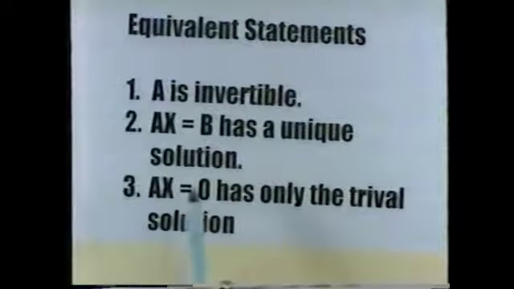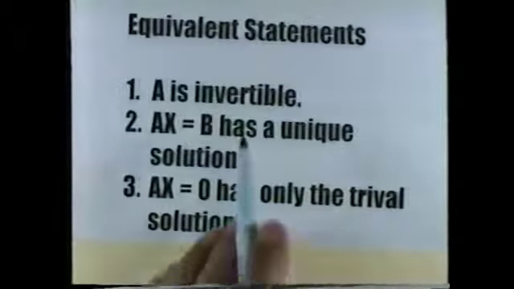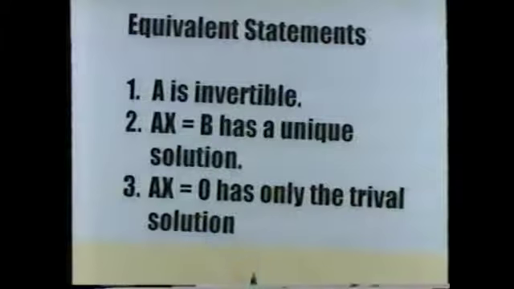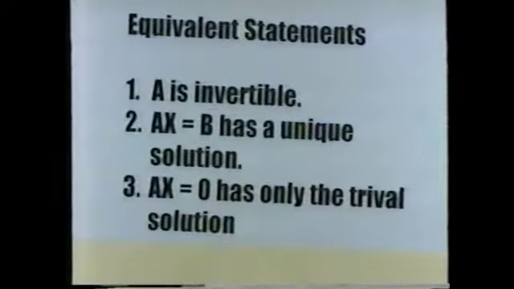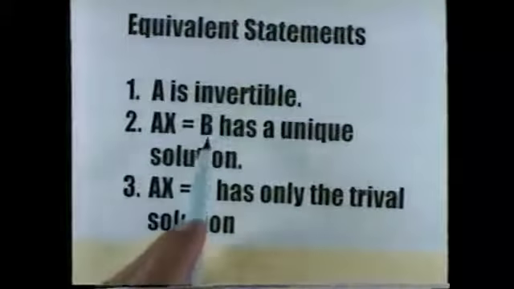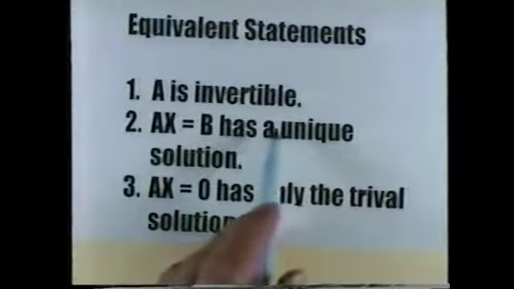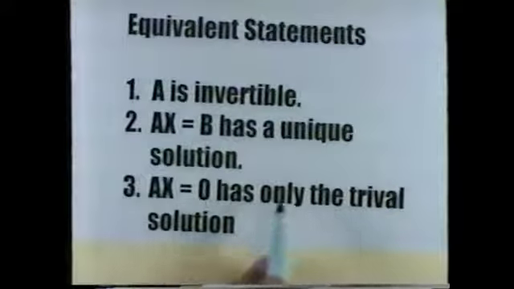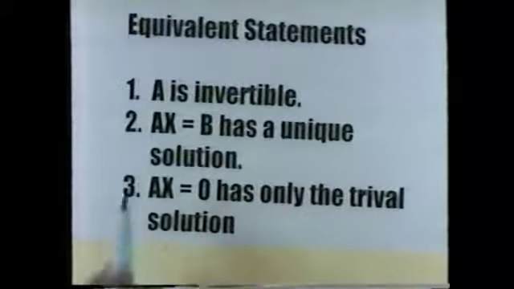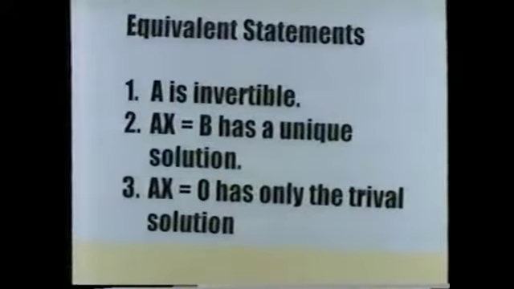Now I really didn't need 3 because 2 and 3 say the same, but AX equals 0 has only the trivial solution. Well, AX equals 0 would have a solution with X, all the elements being 0. Well, that would be the unique one. But anyway, AX equals 0 has only the trivial solution is equivalent to A being invertible.